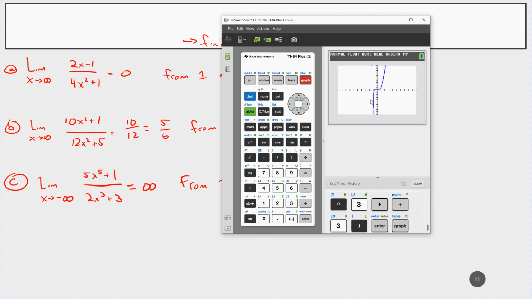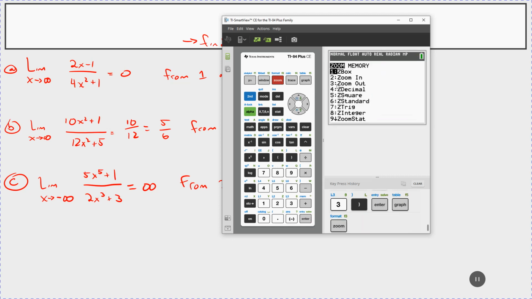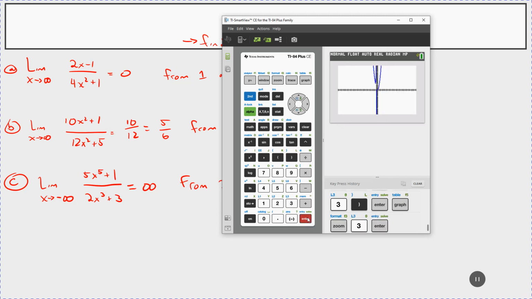And if you graph this, this is where it gets tricky. Do you see this little blue part up here? You're going to want to zoom out. And look, you can see that this graph is going up really, really quickly as x goes to the left. So as x goes to negative infinity, this graph is shooting up really quickly over here. So this holds.